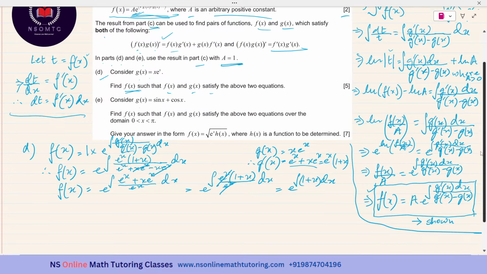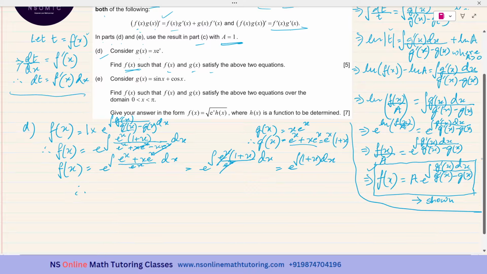So therefore, f of x is equal to e to the power of x plus x square over 2. So this is the expression for f of x.